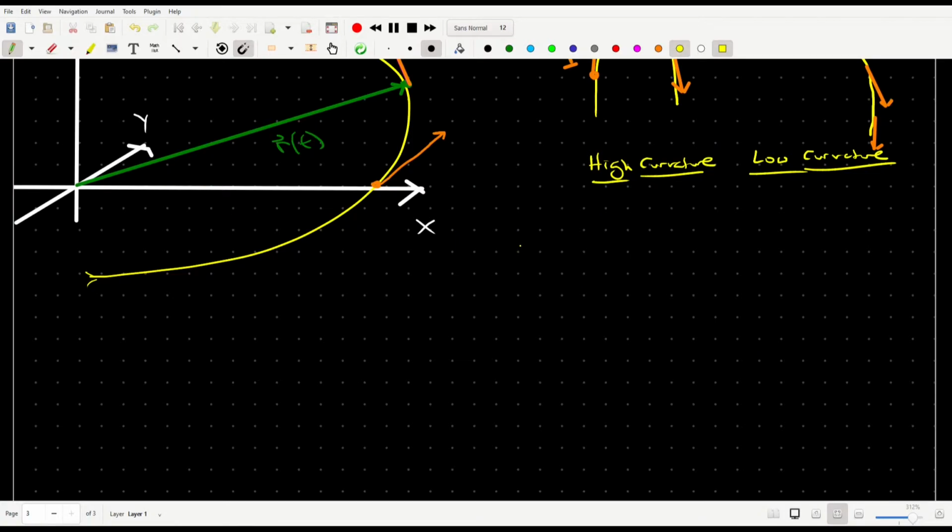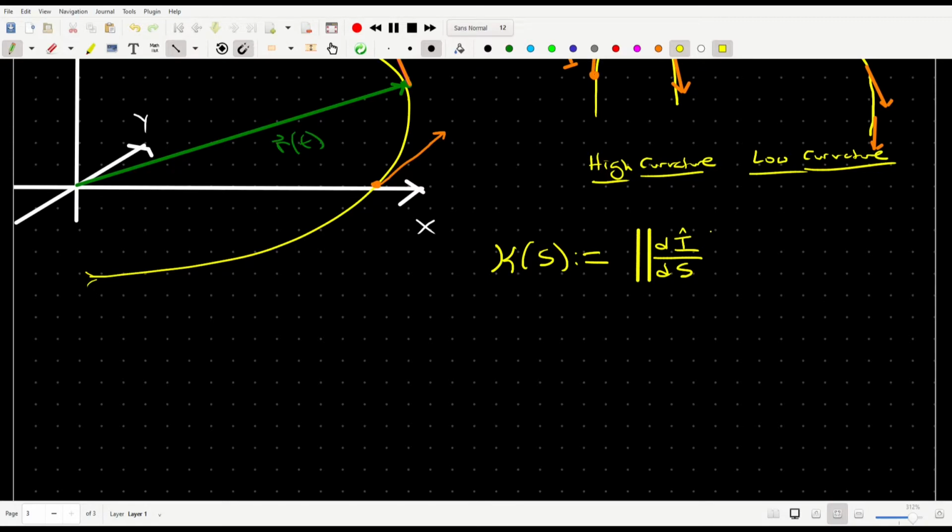We say that the curvature kappa at a particular point of arc length is exactly equal to the magnitude of the rate of change of the unit tangent vector with respect to arc length s. I'm choosing to use arc length here for my derivative specifically because this is something that's common to all parameterizations of all curves.